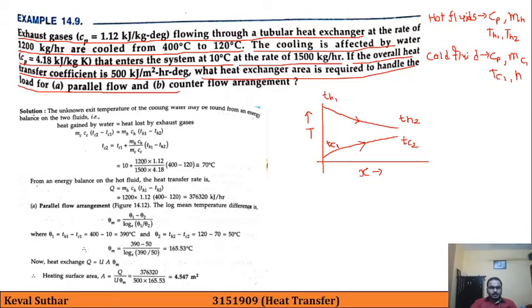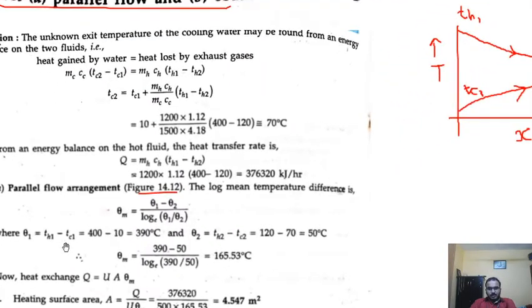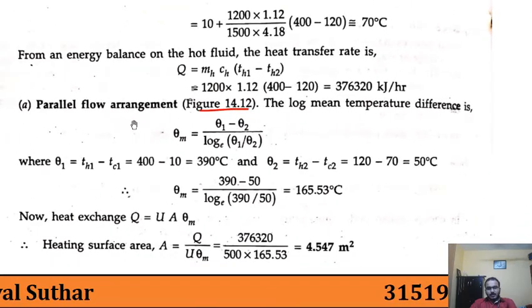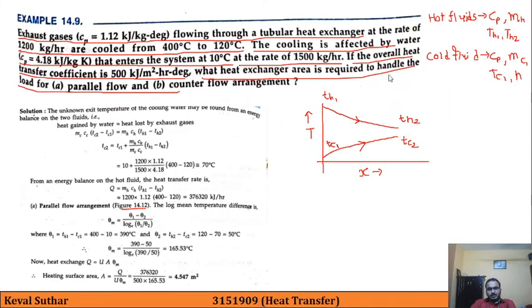So that is the figure, and now the value of LMTD is given by theta1 minus theta2, where theta1 is the temperature difference at inlet, between TH1 and TC1, and theta2 will be this.